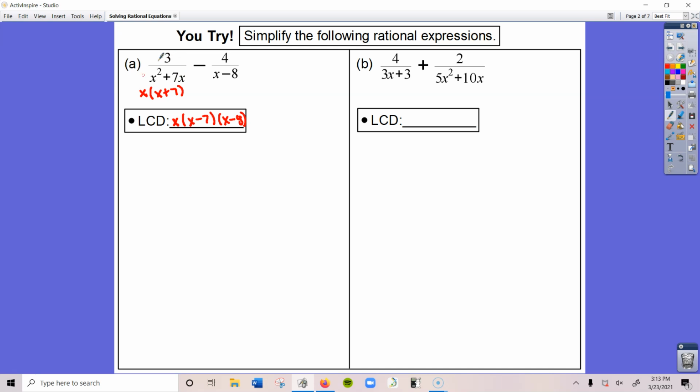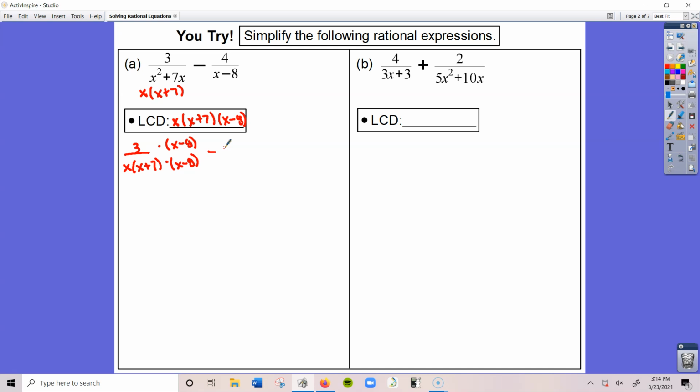So now we want to rewrite everything so that it has the same denominator. For this first fraction, we have 3 over x times x plus 7. I'm going to need to multiply by x minus 8, since that's what I'm missing from the LCD.